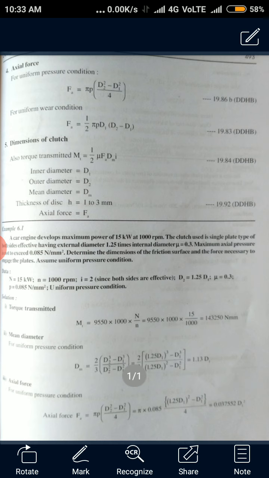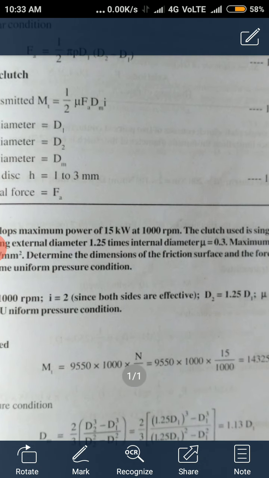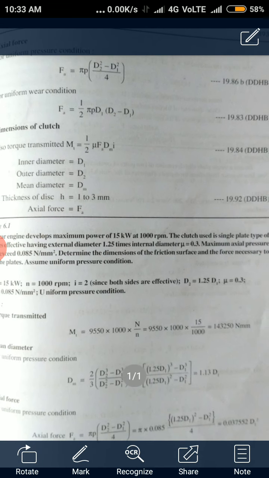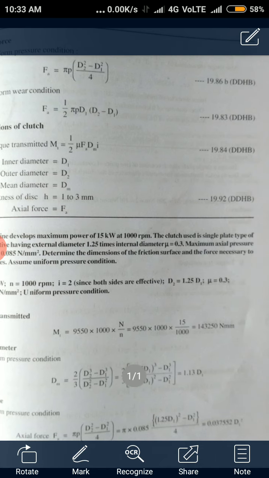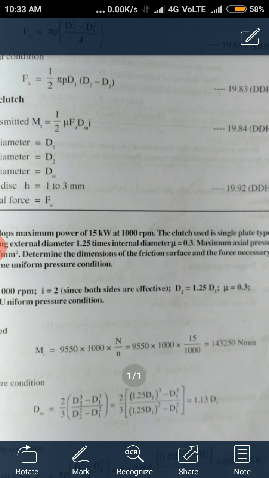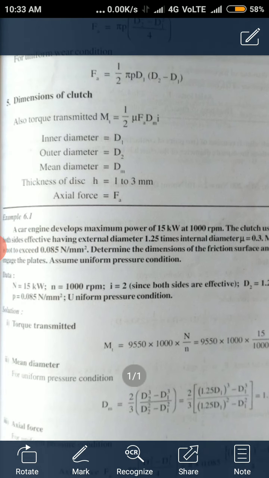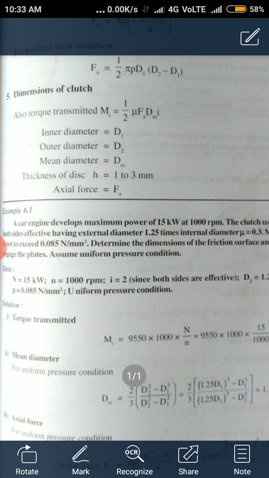Just read this problem. A car engine develops a maximum power of 15 kilowatt at 1000 rpm. So capital N is 15 kilowatt, small n is 1000 rpm. The clutch used is a single plate type, both sides active or effective, having external diameter 1.25 times the internal diameter.